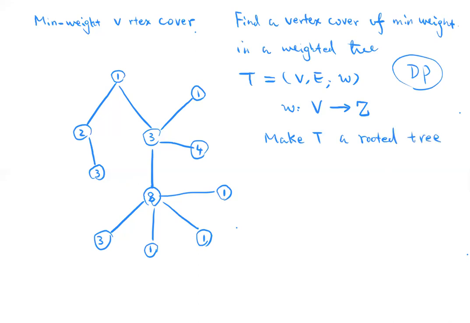It's very useful. That's very easy. We pick a vertex as a root. Then the tree will look like this. Once it's a rooted tree, it has subtrees. Inside each subtree, it has the same structure. We have this kind of hierarchy. So naturally each subtree can be regarded as a subproblem or subinstance.